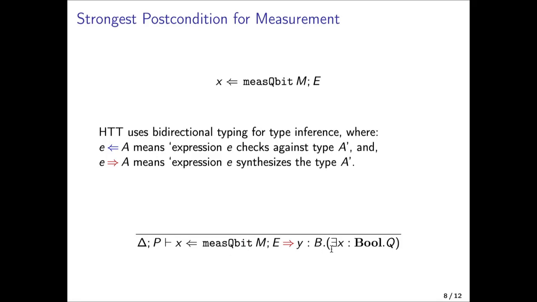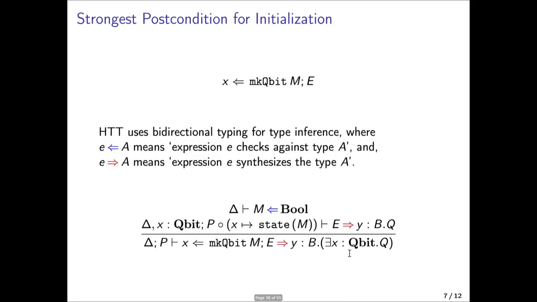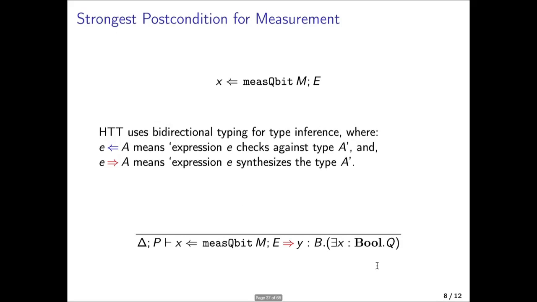We have measure qubit here. We have the strongest postcondition we generated, Q. Oh, I forgot to mention this existential quantifier here. In the previous slide, x's type was qubit, and in this case it's bool, which is what we would expect because the measurement result of a qubit should be a Boolean.